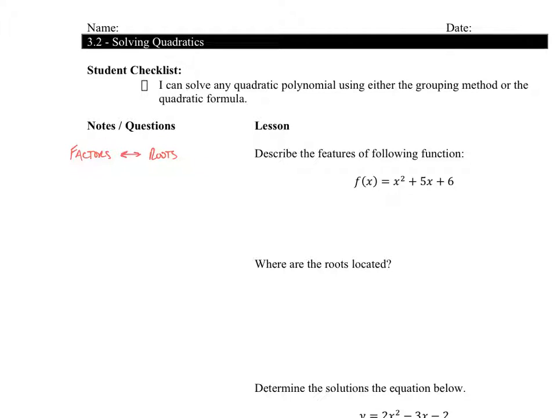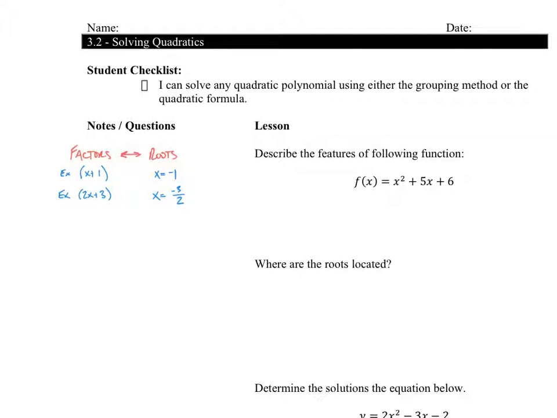So factors, for example, might be like x plus 1, and a root might be x equals negative 1. Or maybe we have a factor that is 2x plus 3, which would lead to the root negative 3 over 2. And I'll explain how we go through that process, but it is important to distinguish between the difference between a root and a factor.